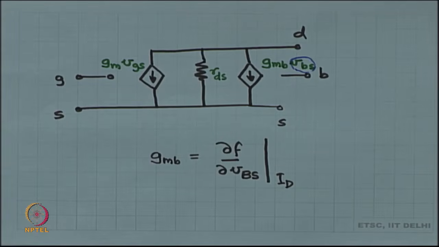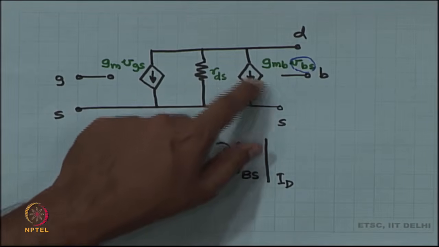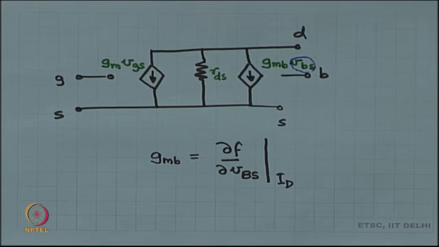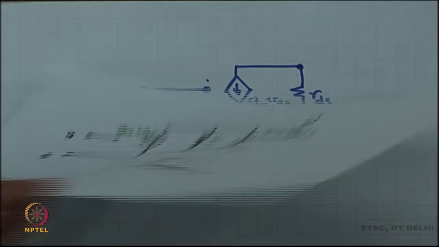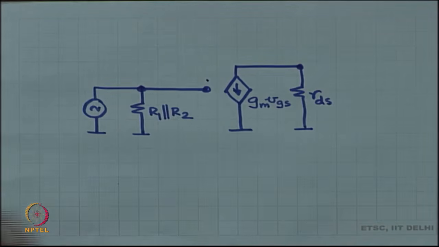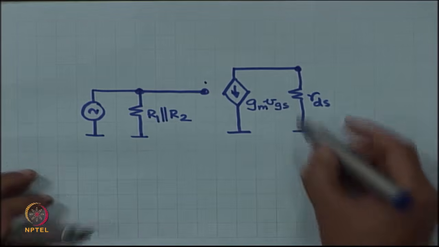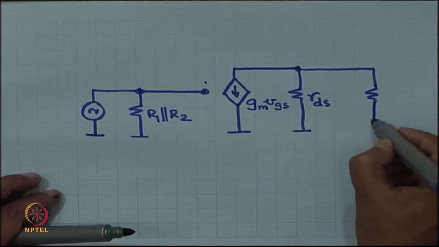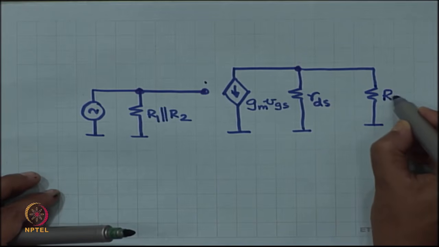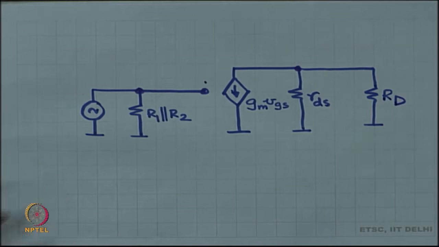So, GMB VBS is 0, which means that this particular current source you need not bother about it, because its value is going to be 0. Okay, it is a 0 ampere current source. So, I am not going to bother drawing it. You can draw it, but body and source are both at 0. So, this is what you end up with.